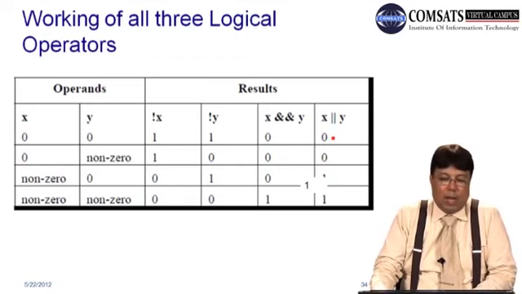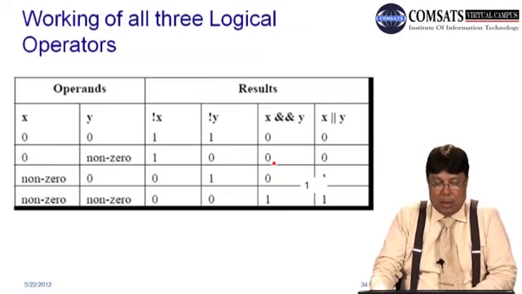Suppose x is 0, y is non-zero. Not x, 0 का not x 1, it will become true. Not y, non-zero is true, so not y becomes false, it will become 0. X और y को and करें, answer is equal to 0, because when you and, you multiply.